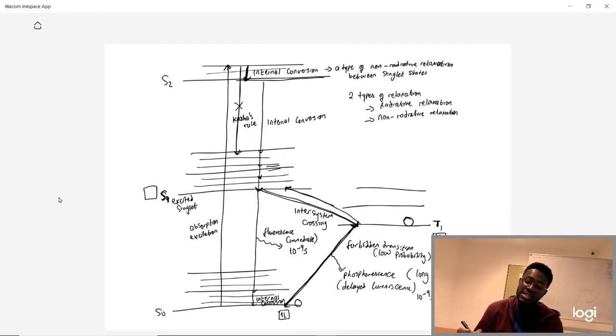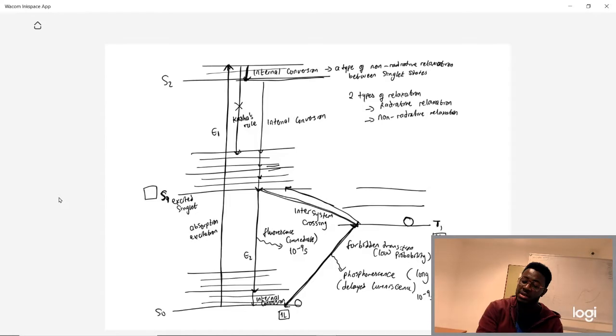You can imagine the energy the molecule absorbs during absorption is a lot. Let's call this energy E1. Then the energy the molecule releases is small, E2.